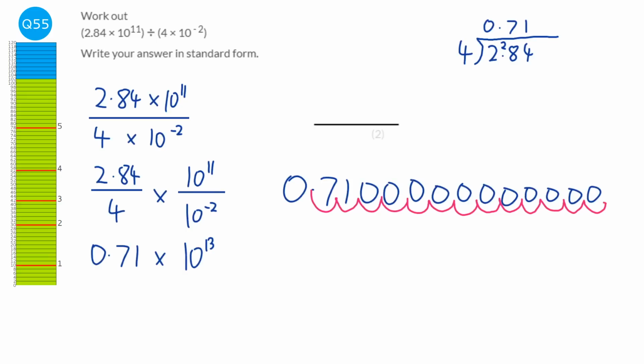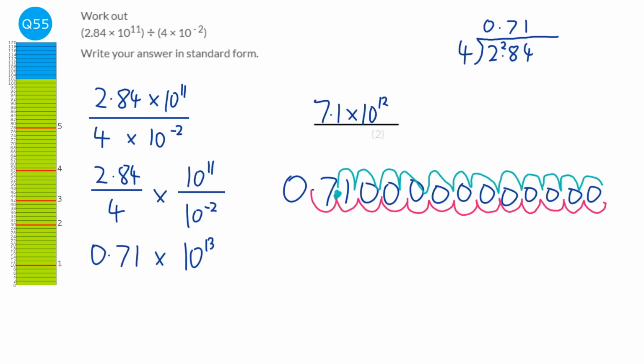So it would be 7, 1, and all those zeros. And then I'm going to put it back into standard form. Now, the decimal point will need to be here to make it 7.1. So it would be 1, 2, 3, 4, 5, 6, 7, 8, 9, 10, 11, 12. So it's going to be 7.1 times 10 to the power of 12.